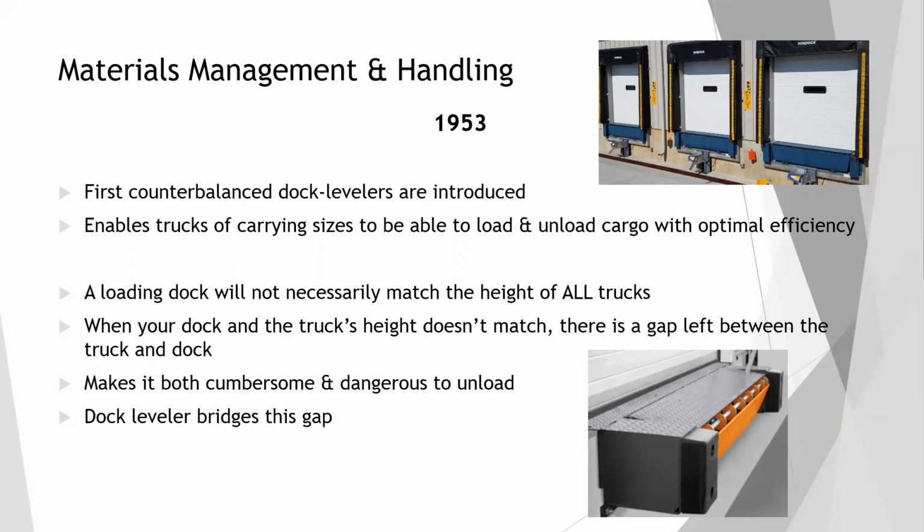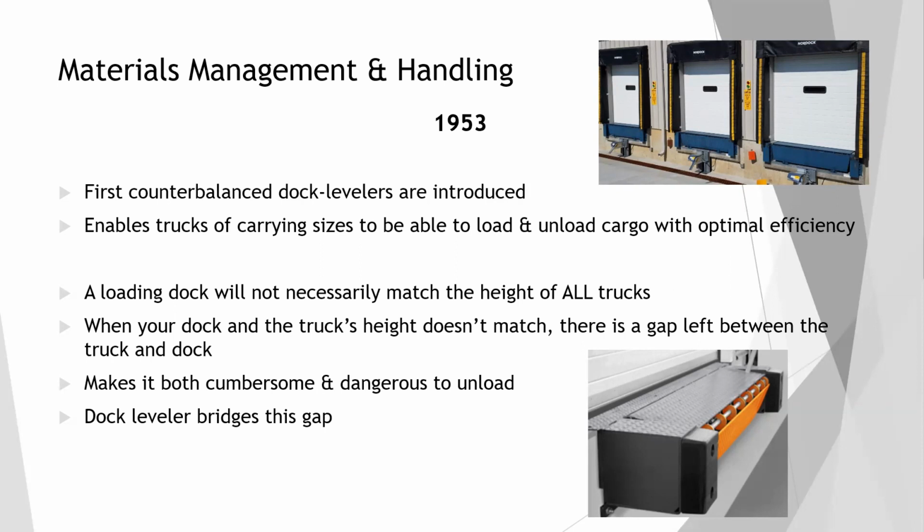What this does, this enables trucks of varying sizes to be able to load and unload cargo with optimal efficiency. Now, we know that trucks come in a variety of different sizes. The loading dock is not necessarily going to match the height of every single truck out there.